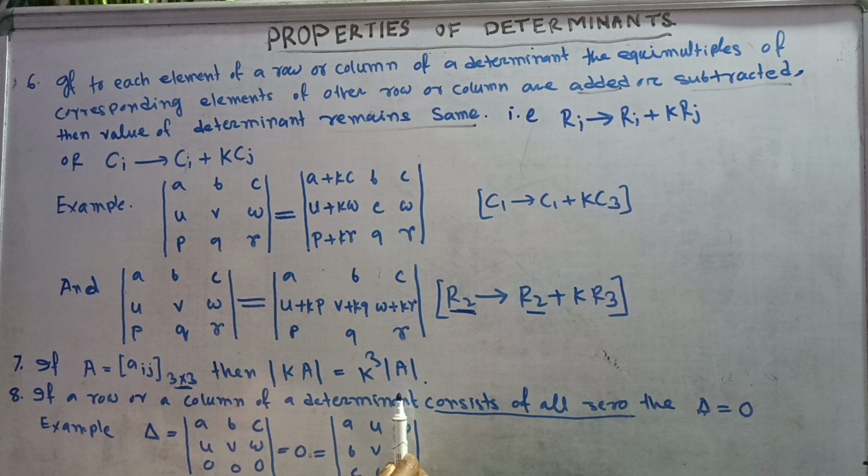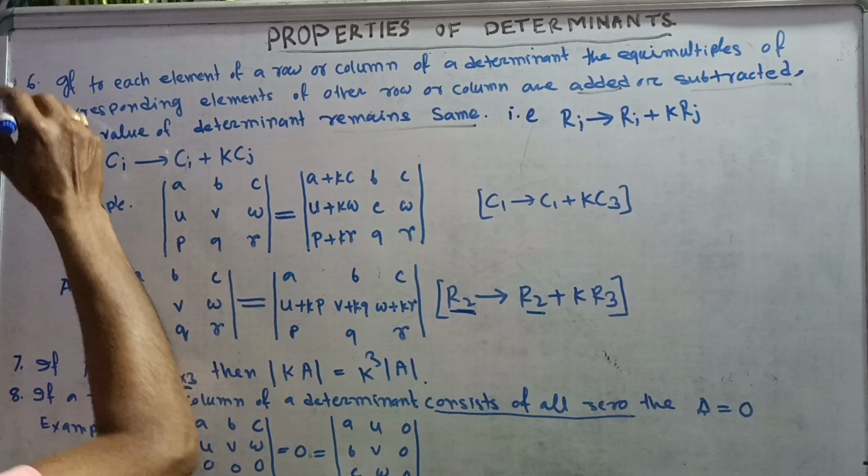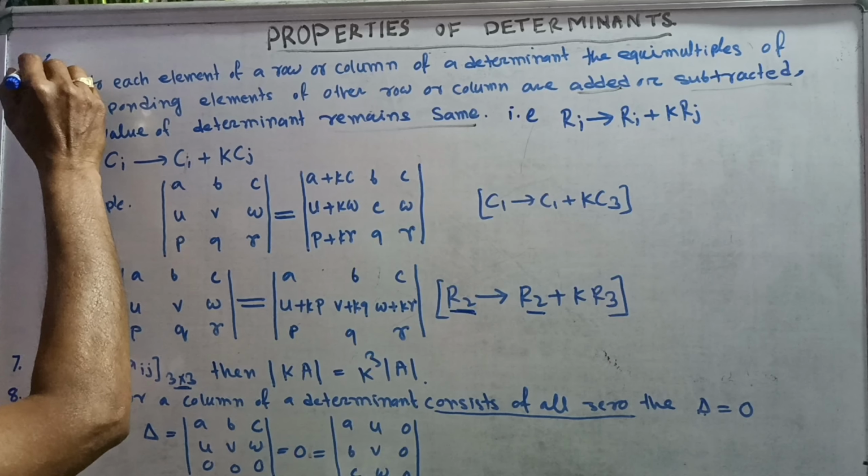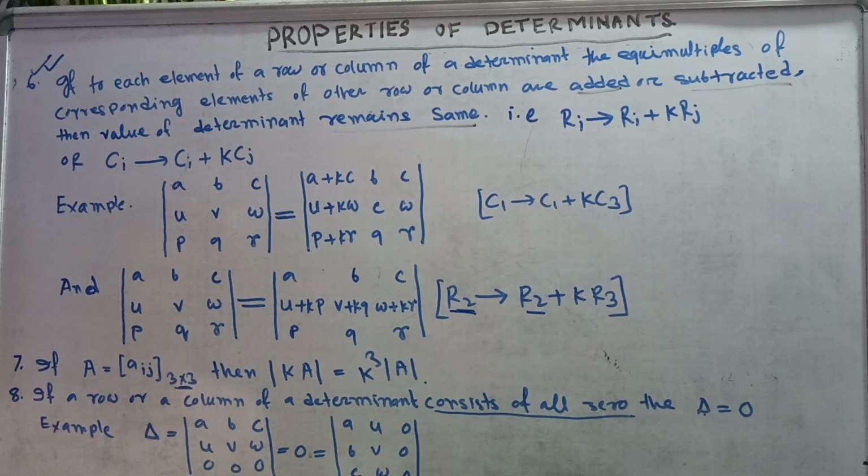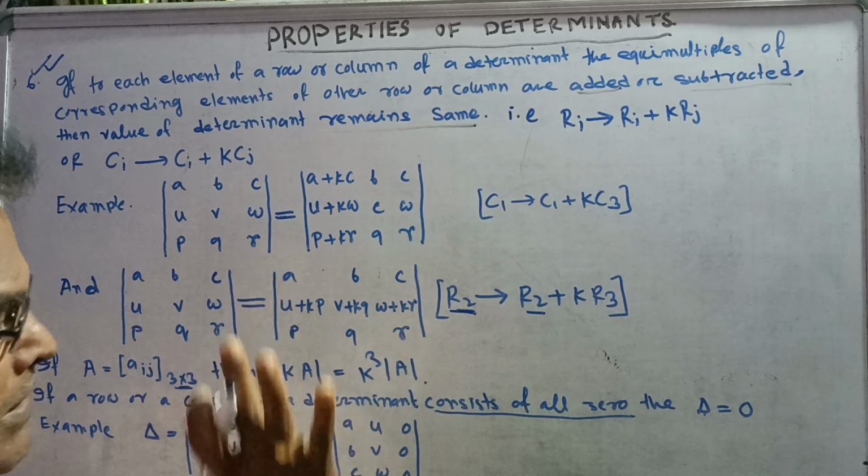Here also each element of the third column is 0, so the value of the determinant is 0. Very simple, properties 7 and 8. The main property is this one; generally these properties are used the most. That is the properties of the determinants.